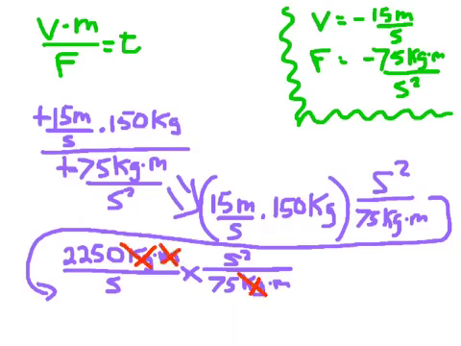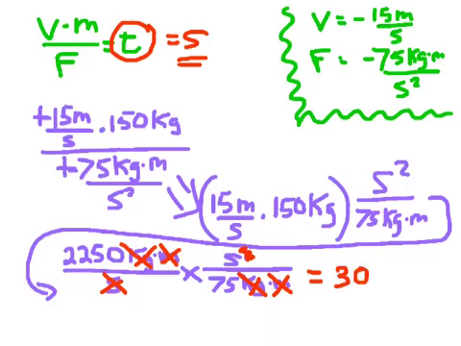Meters go away with meters. And this second here is going to get rid of the squared, leaving us only with seconds. That sounds just dandy, since we were looking for time, and that is definitely in seconds. So that's great that that unit is the one we have left. So 2250 divided by 75 is going to equal 30 seconds. And that is how you do number 7.